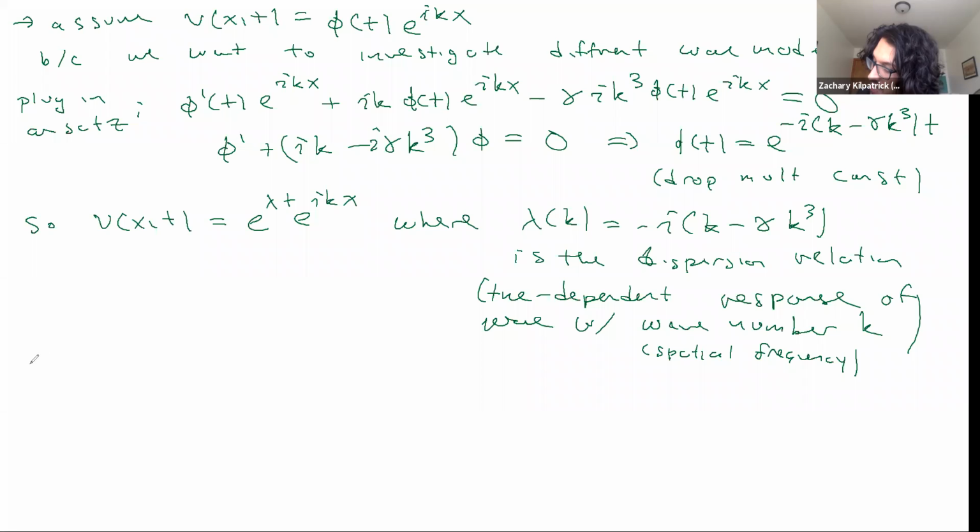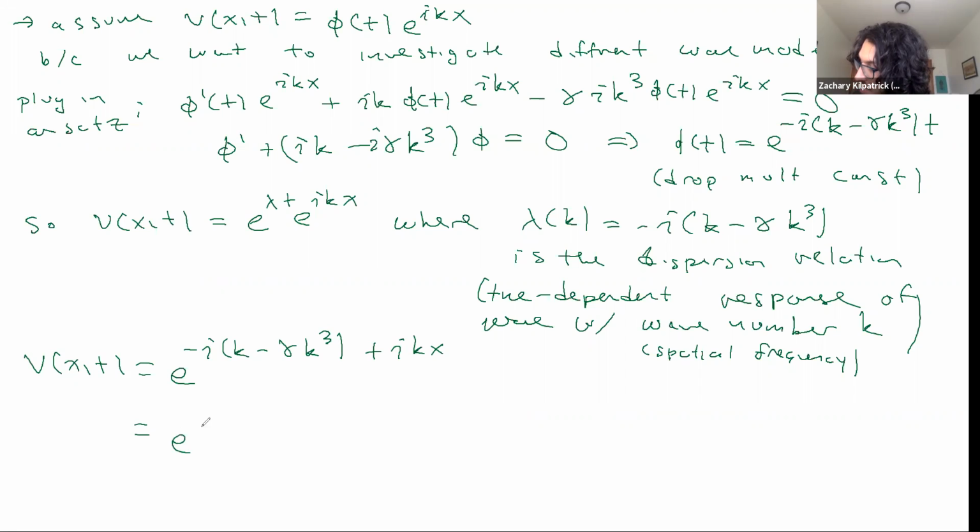So if we write this out, I have v of x,t is equal to e to the minus ik minus gamma k cubed, sorry, there should be a t here, plus ikx. If I group together ik, then I have one part of this that's just x minus t. And this should be reminiscent of something from way back at the beginning of the semester, which is just the transport equation.